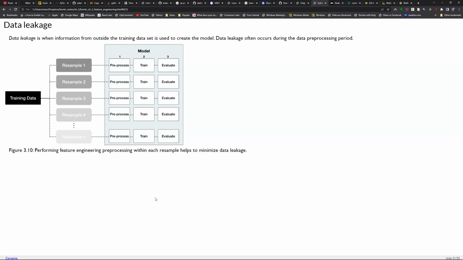Okay. So for example, let's take imputation. Let's say that when you impute a variable by the mean, you're going to calculate the mean for the known values, and then you're going to apply it to the missing values.